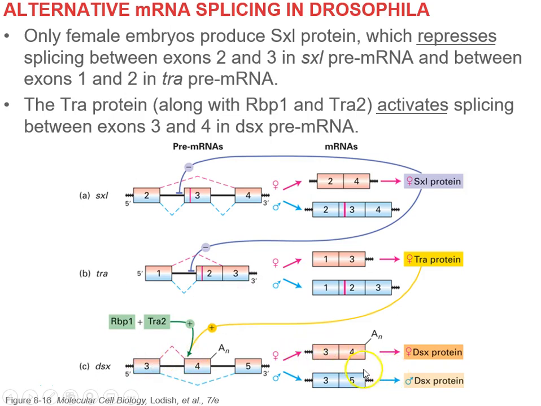So for the females, you get the DSX protein that looks like this, whereas the males skip over this because they don't have the activator. So they produce a different DSX male protein. This shows this complicated sequence of events that produce the female specific and the male specific proteins that lead to the characteristics of female and male flies.